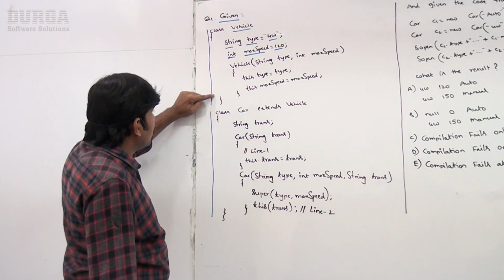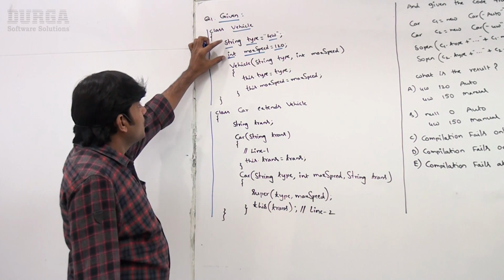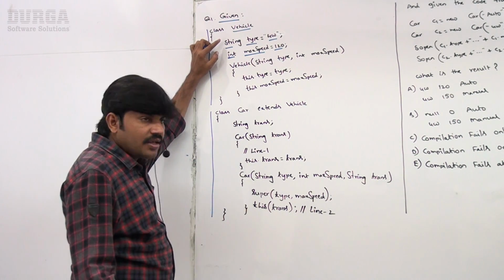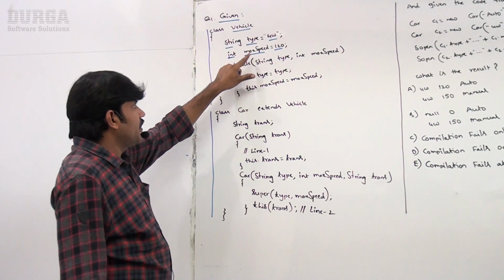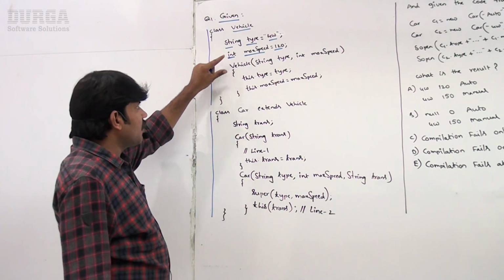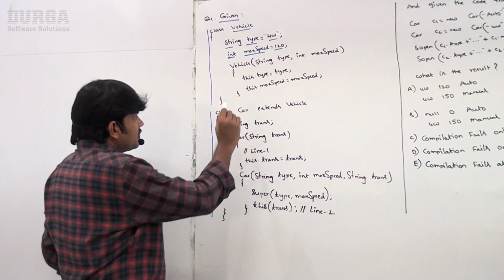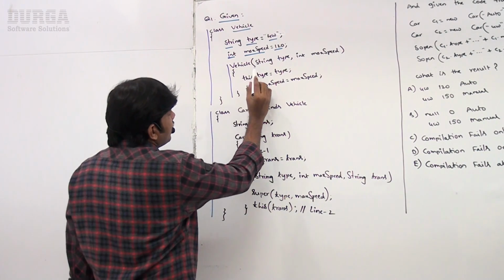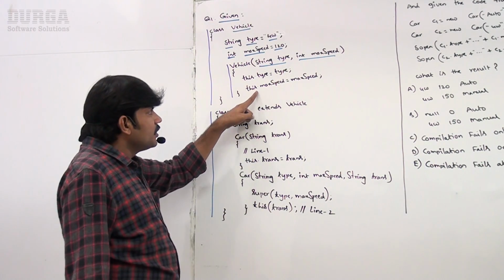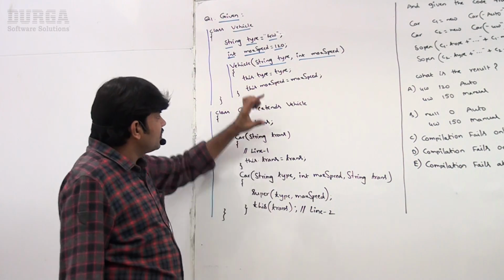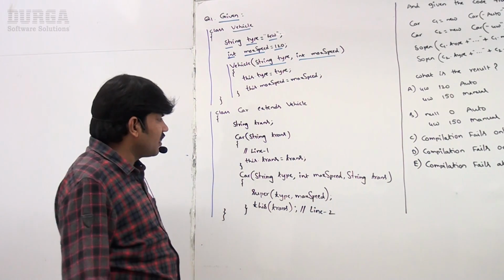So the Vehicle class contains two instance variables: the first is of String type, maxSpeed is of int type. Next, the Vehicle constructor: this.type = type, this.maxSpeed = maxSpeed. It's just like our normal Java class only.